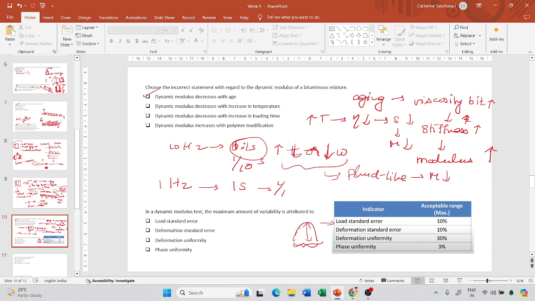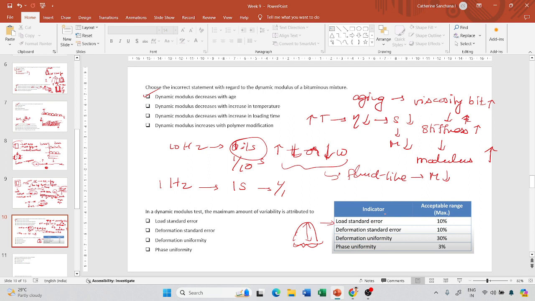To check that, you do this load standard error, and the maximum variability that can happen could be just 10%. In the same way, you find out the deformation standard error, deformation uniformity, and phase uniformity.